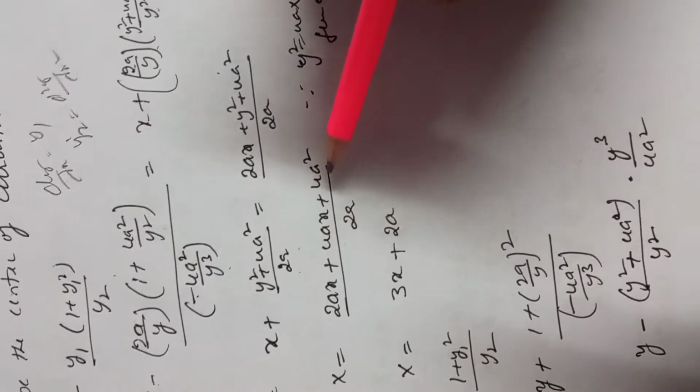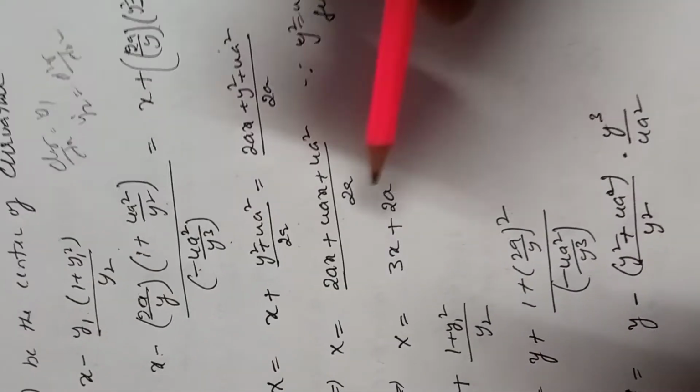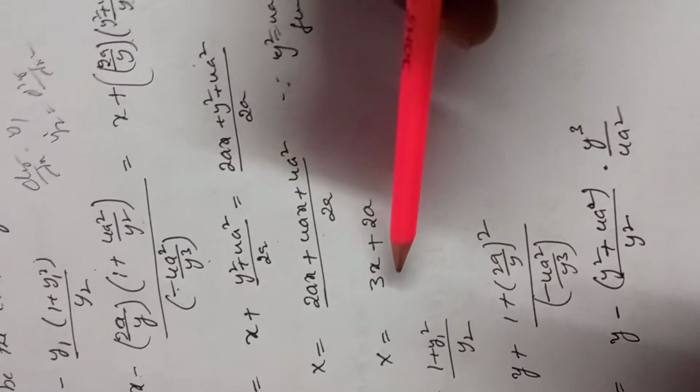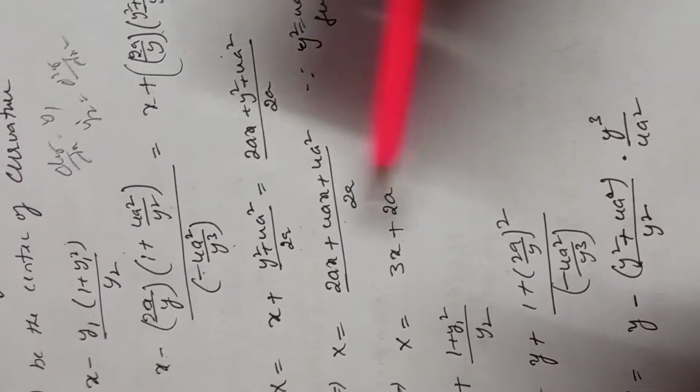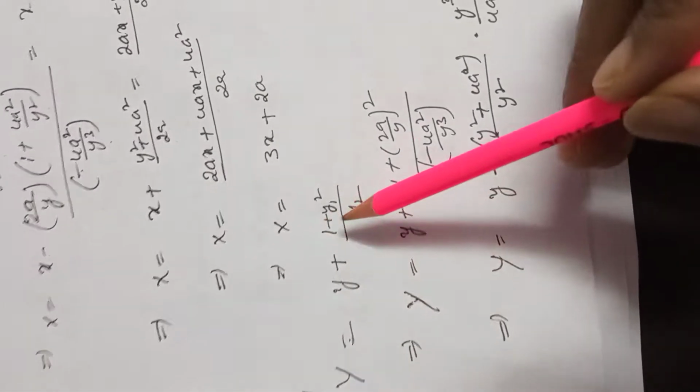If you simplify this, you will get 6ax plus 4a square. You can take 2a as a common element, 2a in the numerator and the denominator gets cancelled, X is equal to 3x plus 2a.